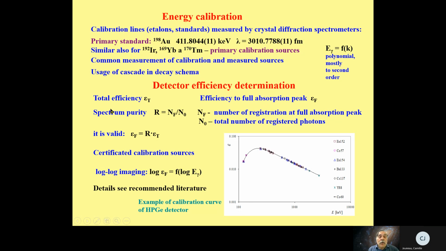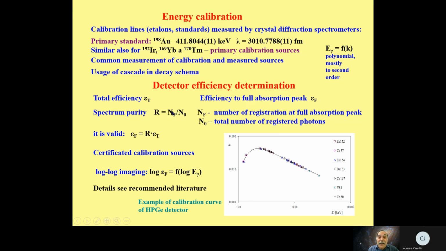We also have a quantity, which is spectrum purity, and this is the ratio between the number of photopeak gammas detected and the number of total registered photons.